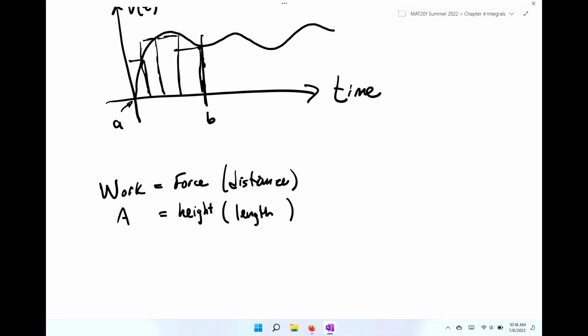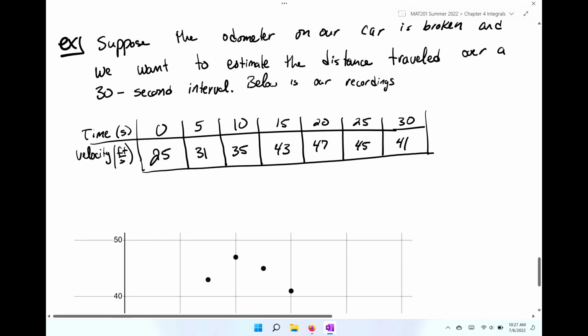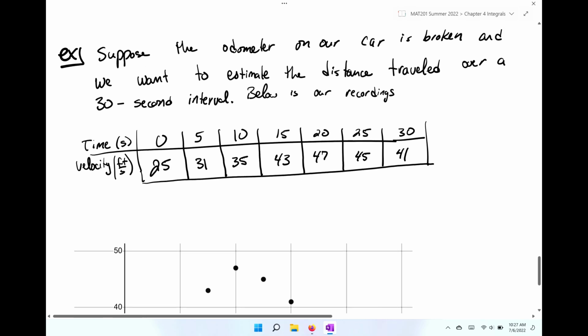All right. Now what I'm going to do is a distance problem for us just to show us how it works. So here's our distance problem. It's very straightforward. Suppose the odometer on our car is broken and we want to just estimate the distance traveled over a 30-second time interval. So below we have a recording. At time 0, the velocity is 25 feet per second.